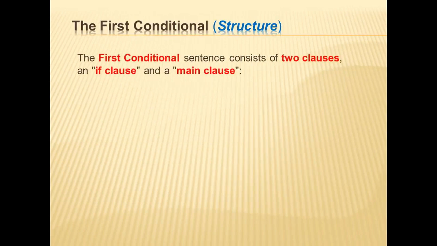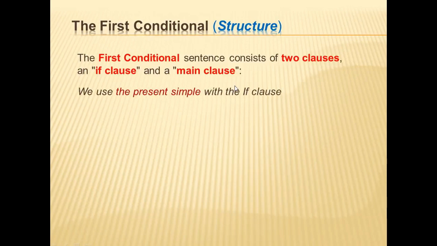The first conditional sentence consists of two main clauses, an if clause and a main clause, and then we combine them together to make a first conditional.